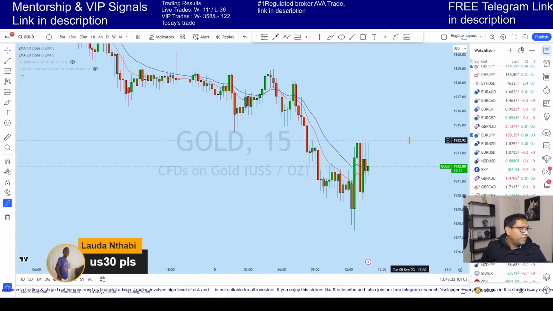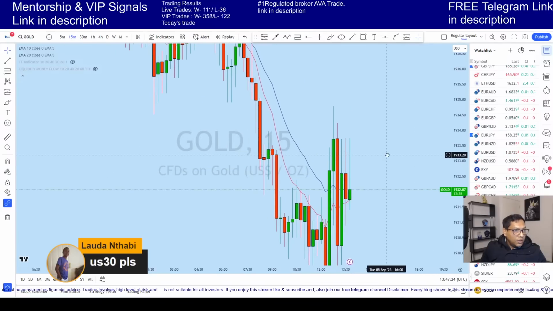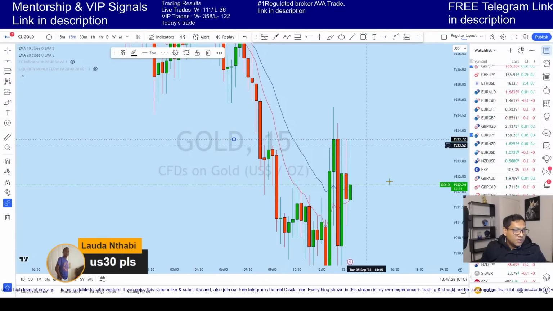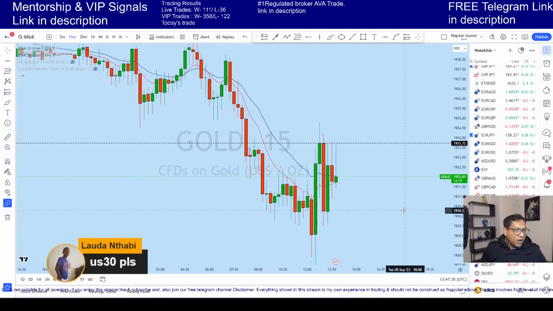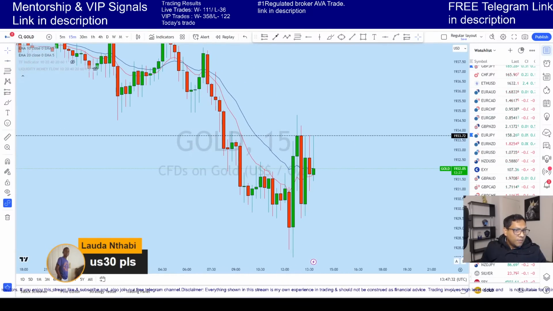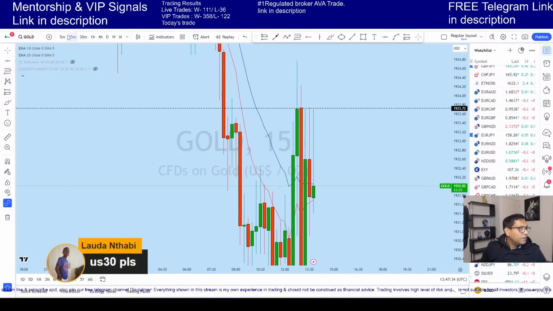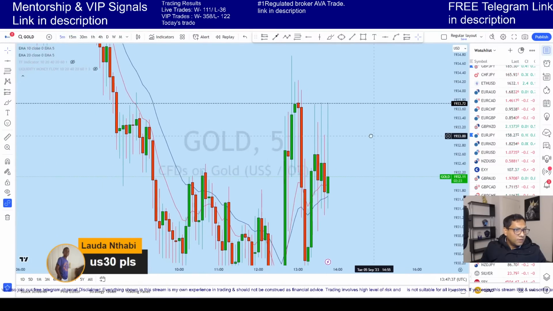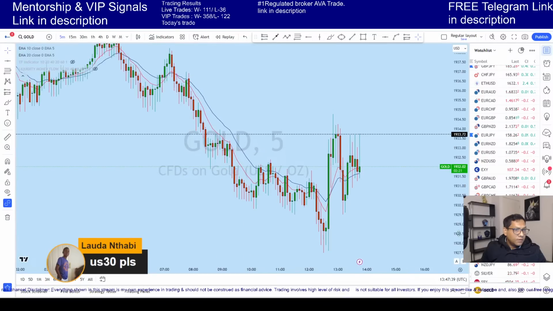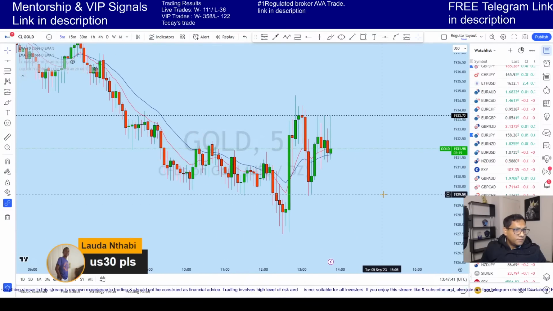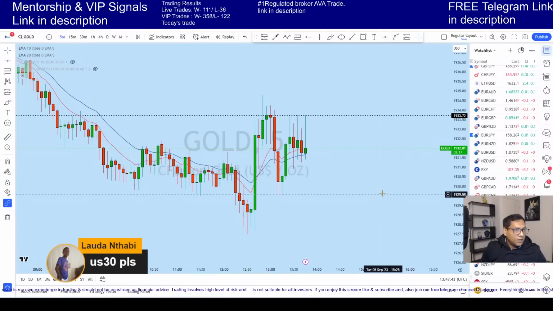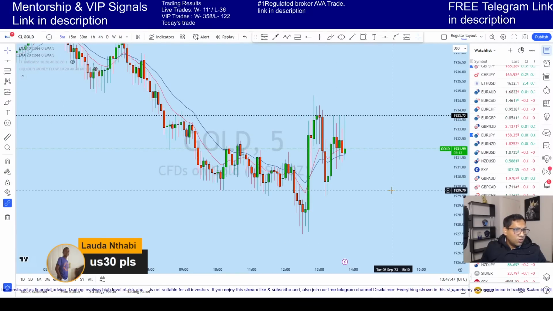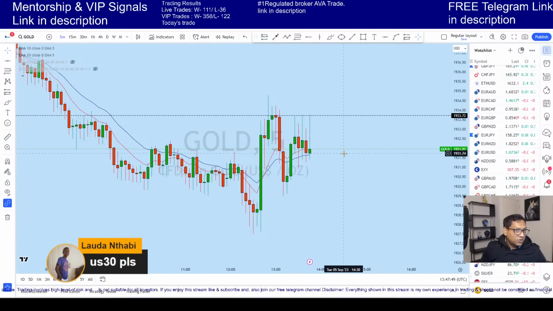You can see on the 15 minutes, gold from this resistance multiple times is creating a series of lower highs, and on this 15 minutes, 5 minutes also, there is a very strong rejection.